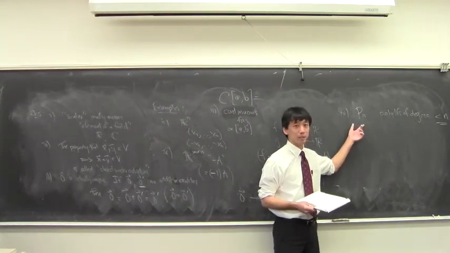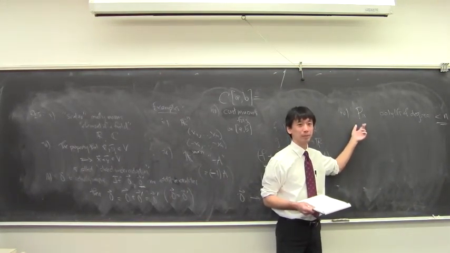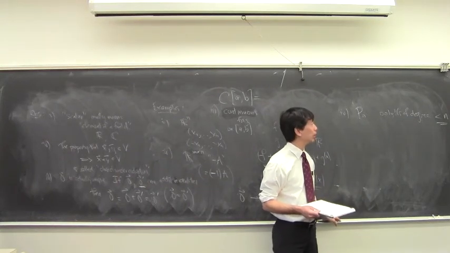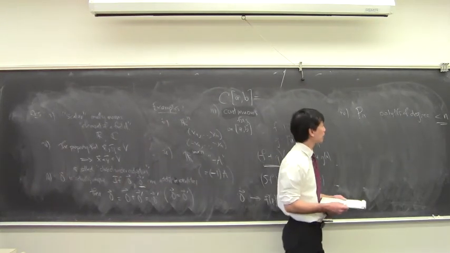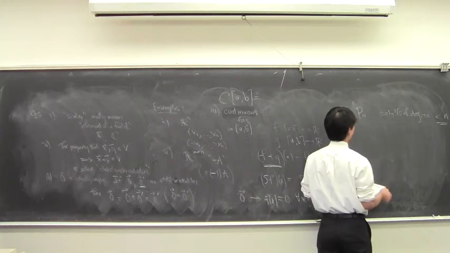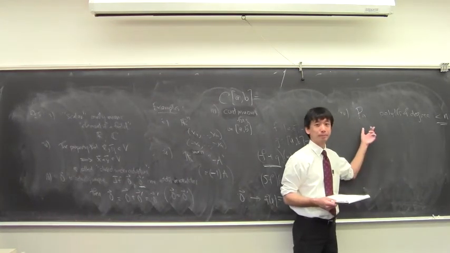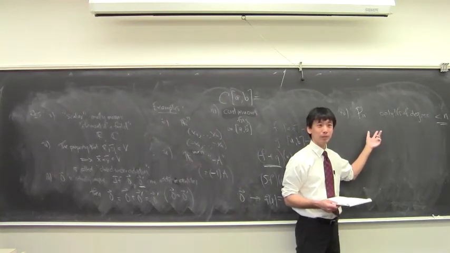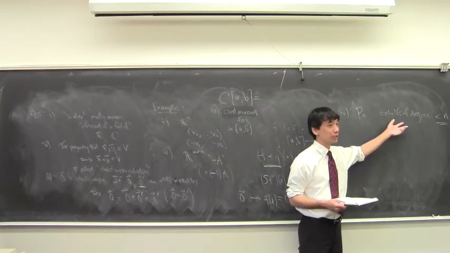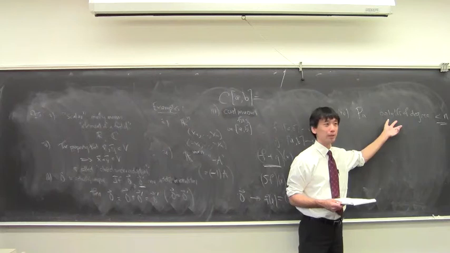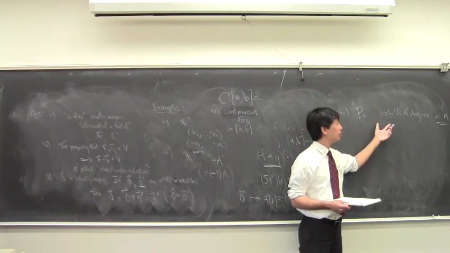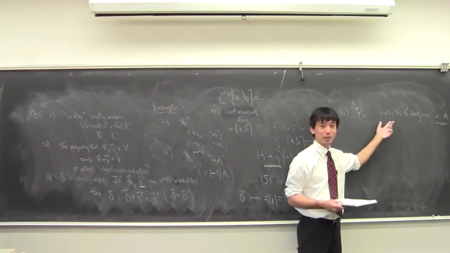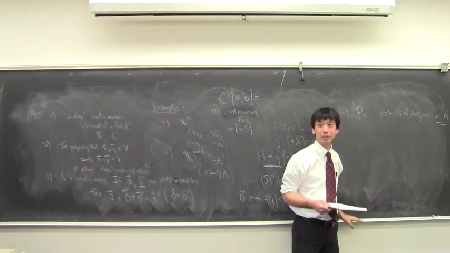So P3 is quadratic and lower polynomials. This also turns out to be a vector space, because you can add two polynomials together, and when you do, you don't increase the degree. You can multiply them by a scalar, you still get a polynomial, and so on and so forth. So it's easy to check.